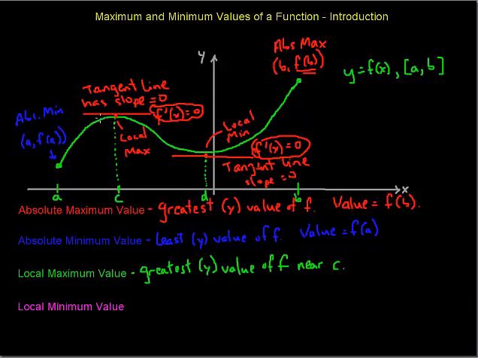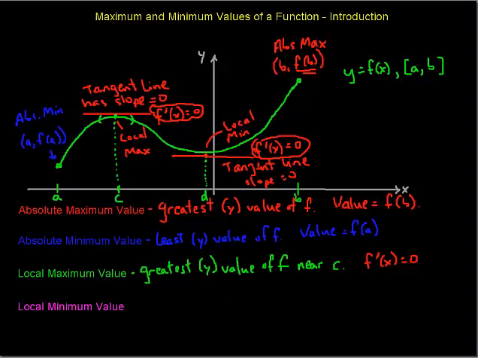If you go out just a little bit either way, this will be the highest point, and it's called the local max. The way we find the actual local max and local min, which we'll show in the next video, is we find the first derivative, set it equal to 0, and solve for x.